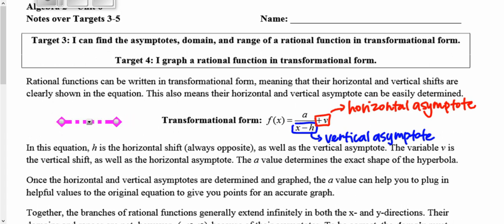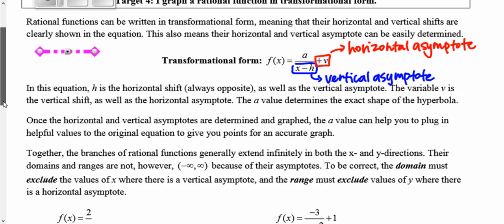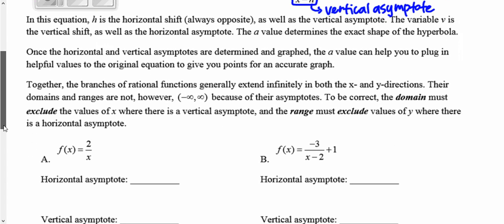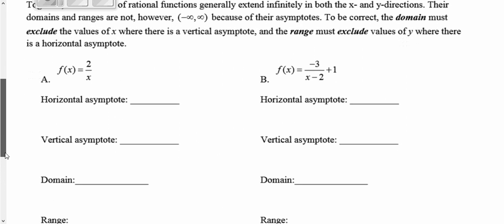If you think about moving a horizontal line left and right, it actually doesn't move the location. It stays where it is. So in red, I said that V is the horizontal asymptote, and that's because the vertical shift, moving a horizontal line up and down, is what creates that movement. And then we're going to talk a little bit about domain and range as well.